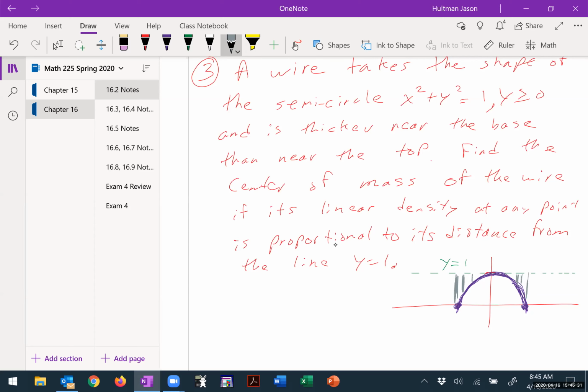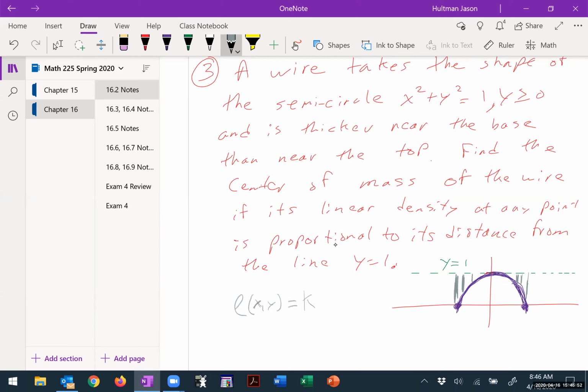So the density, we're writing as rho of x, y, is proportional. So we need a proportionality constant, k, and it's proportional to the distance from the line y equals 1. Well, what's the distance from the wire to the line y equals 1?